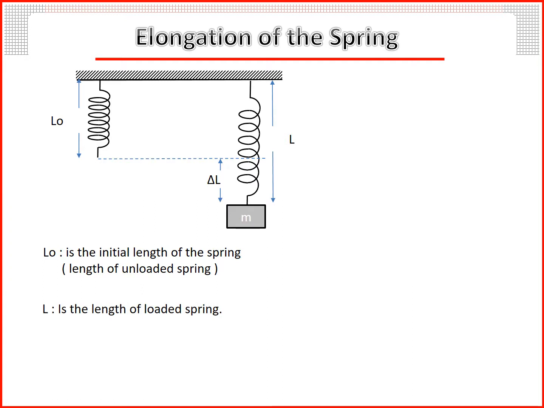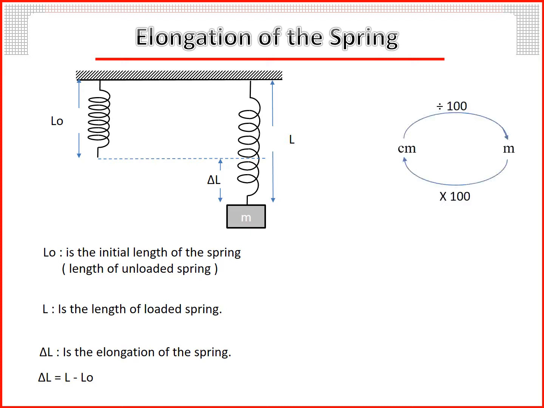L is the length of the loaded spring. Delta L is the elongation of the spring. Then, delta L is equal to L minus L0. Keep in mind, to convert from centimeter to meter, we have to divide by 100. And to convert from meter to centimeter, we have to multiply by 100.